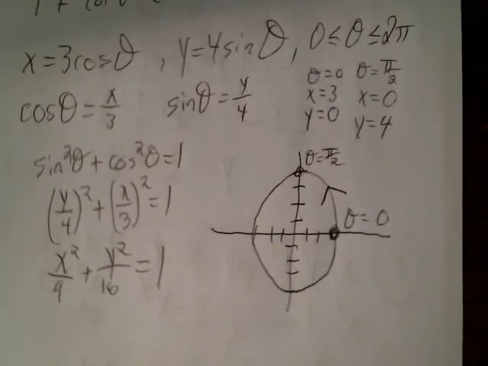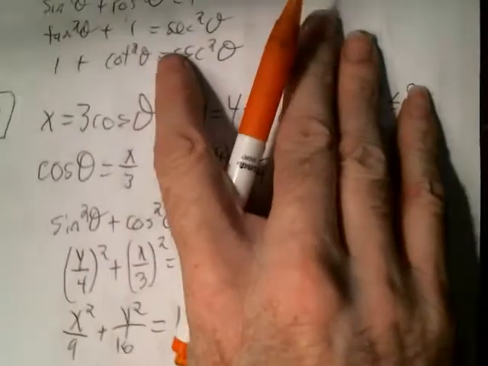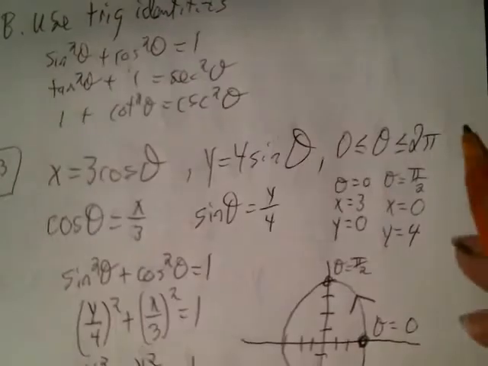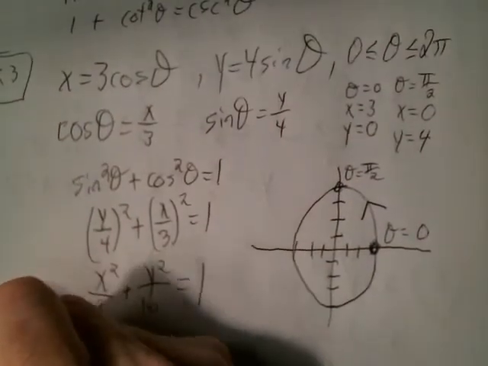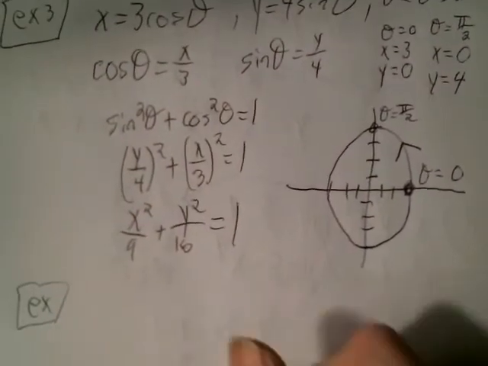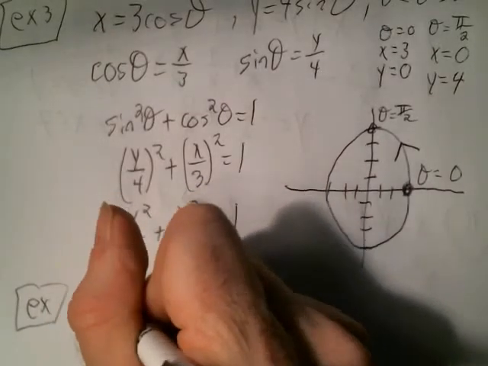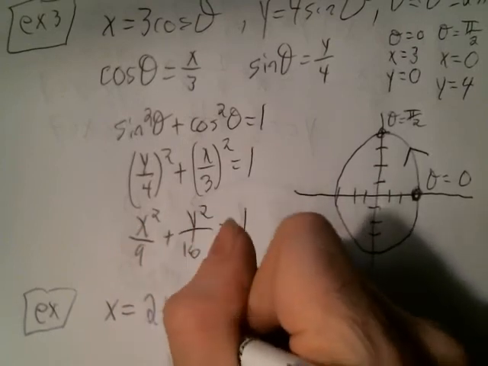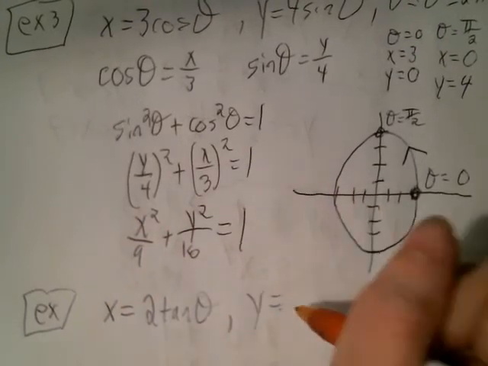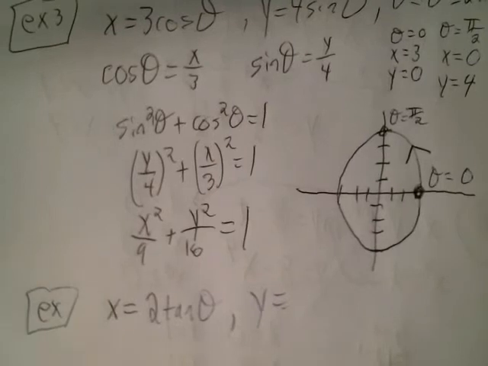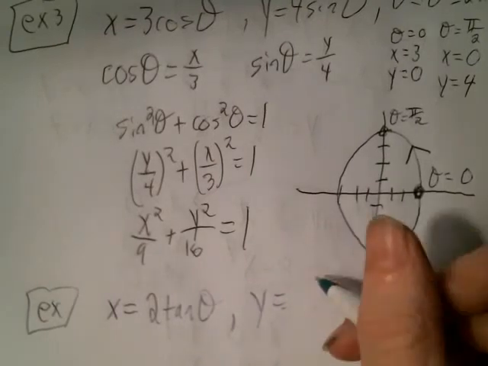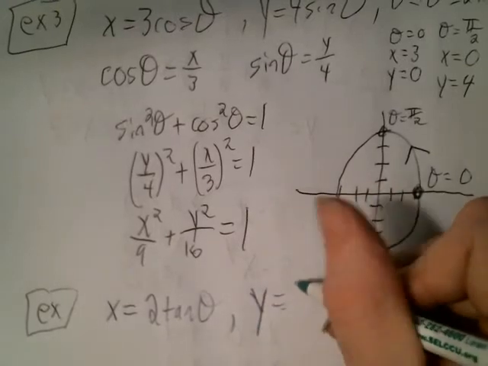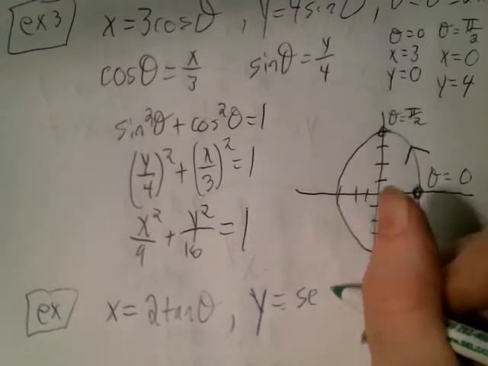Okay. You can do other variations on the ellipse using these formulas and get the hyperbola. In particular, for example, let's say x is equal to 2 tan theta, and then y is equal to, my pen died, y is equal to, I don't know, just secant theta.